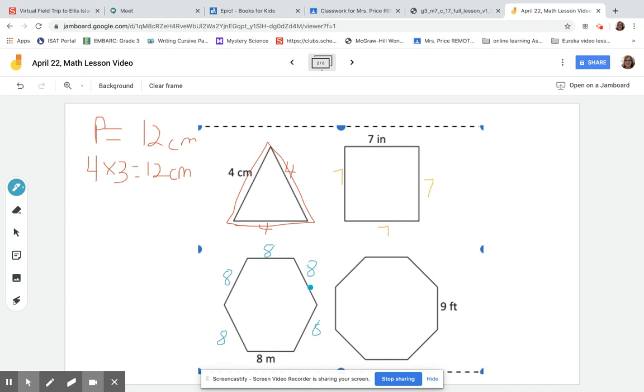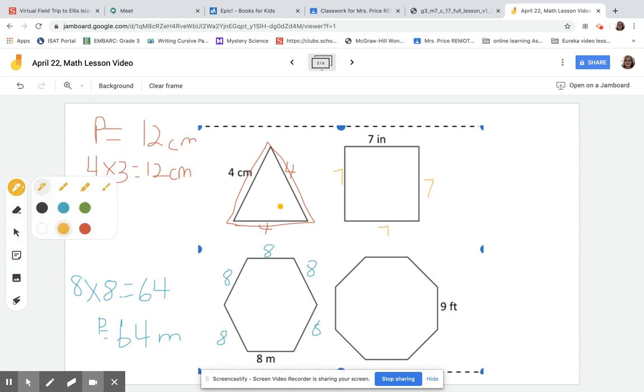Or since they're all exactly the same, you can just do a multiplication. 8 times 8 equals, and we know what 8 times 8 is, right? 64. So the perimeter of this shape equals 64 meters.